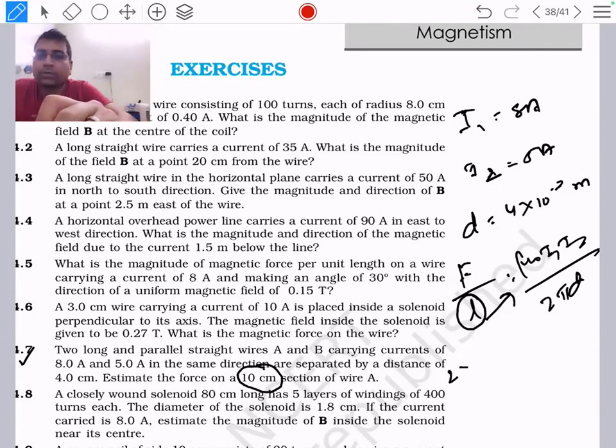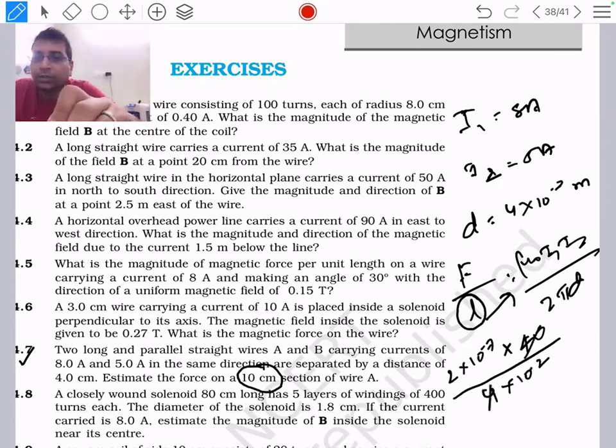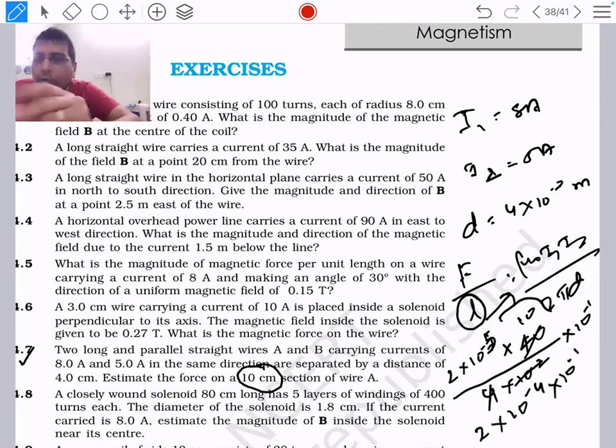I1 into I2 is going to give you 40, divided by the distance of separation between them, which is 4 into 10 power minus 2. This and this will get cancelled, giving 10. And you have another 10 centimeter, that is 10 power minus 1 meter. So 10 times 2 into 10 power minus 7 into 10 power minus 1 gives 10 power minus 5 times 2. You told 2 into 10 power minus 5, right? Yes, that's right. So 2 into 10 power minus 5 Newton is the right answer.